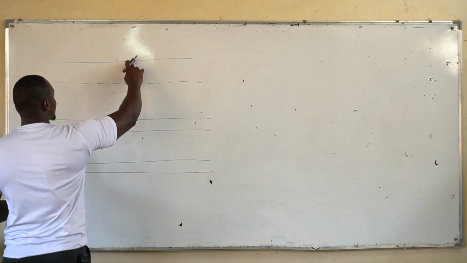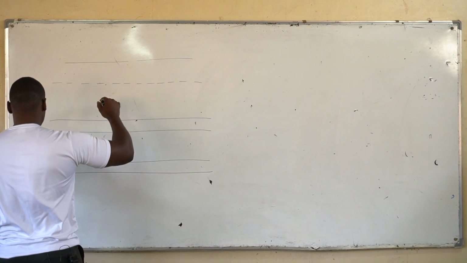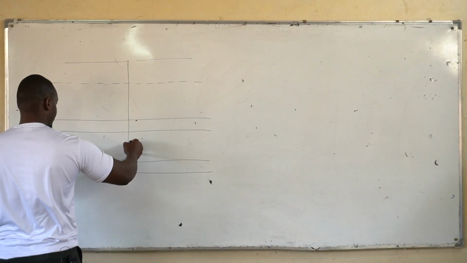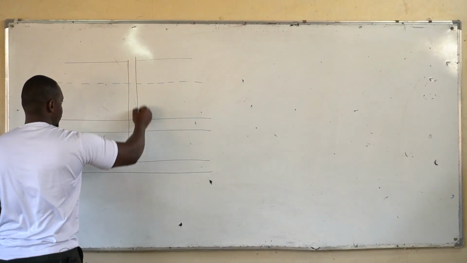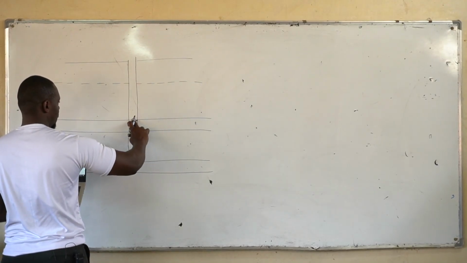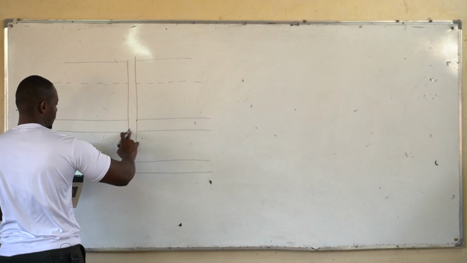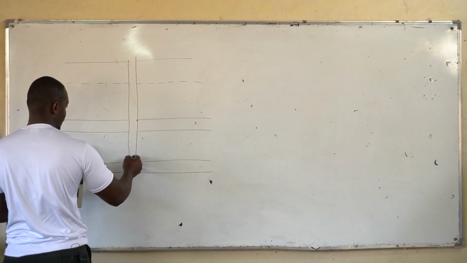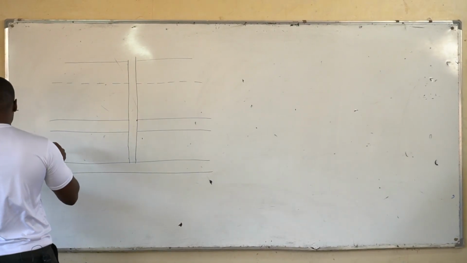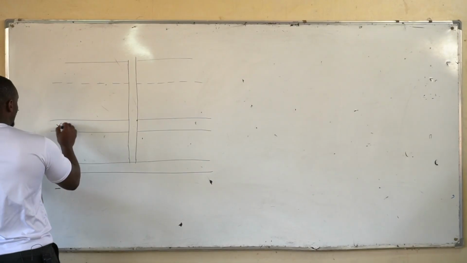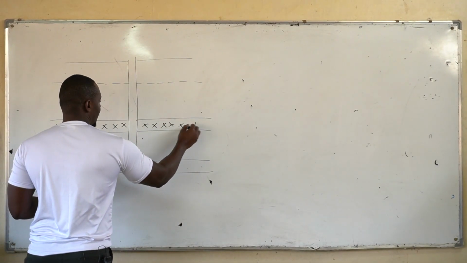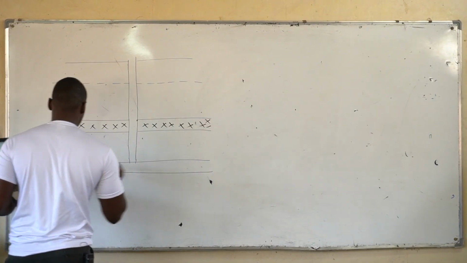So we have drilled a borehole through. I hope this is legible enough on the camera. So we have drilled a borehole, and what we have here, this is an aquitard or an aquiclude.